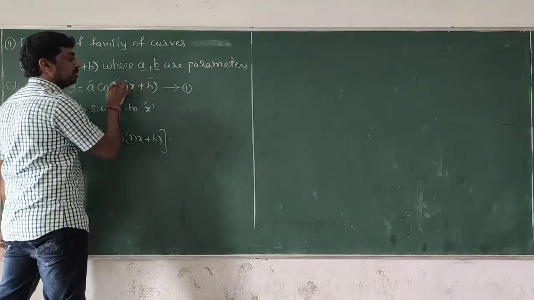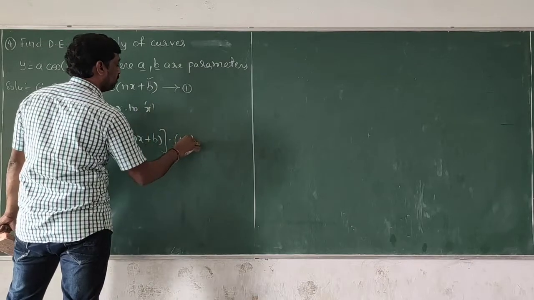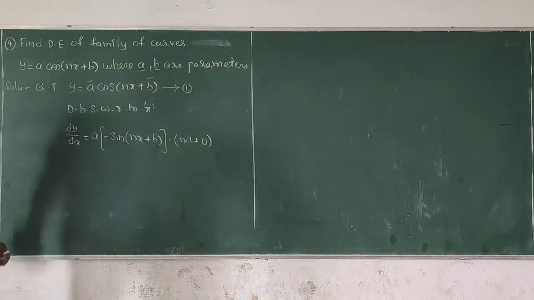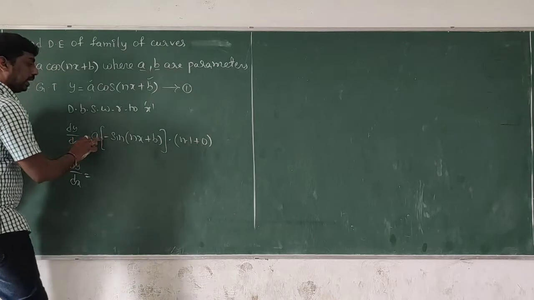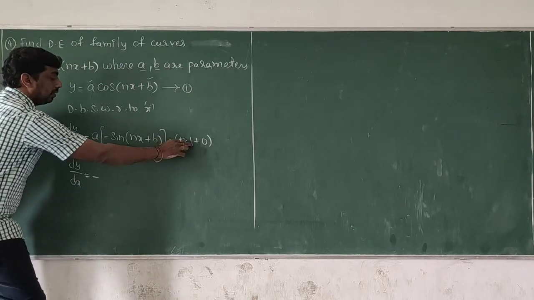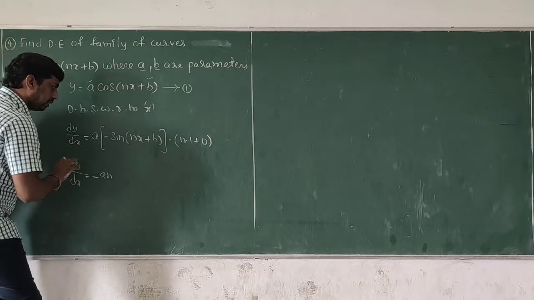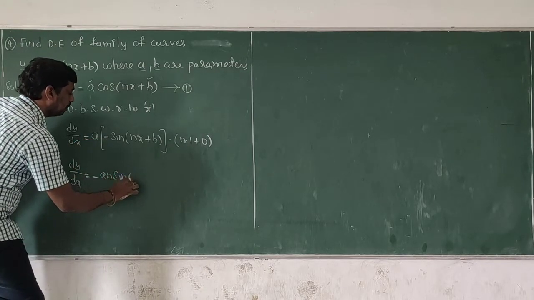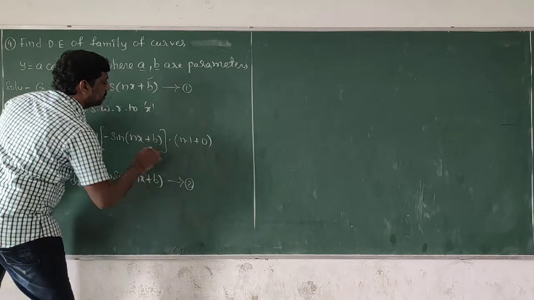What is the internal function? nx plus b. nx plus b derivative: n into x derivative 1, b constant derivative 0. So dy by dx equal to minus, here n into 1, n, constant a, n into a into sin of nx plus b. Take this as the second equation.